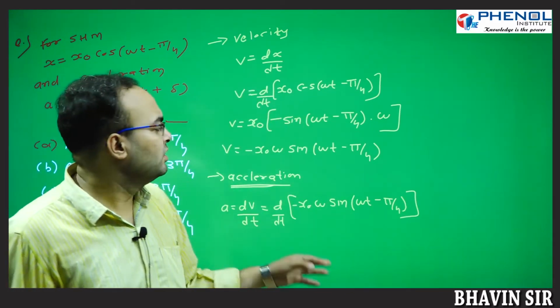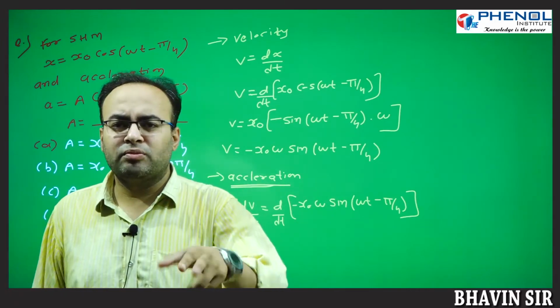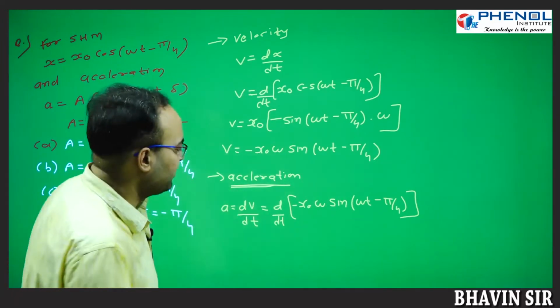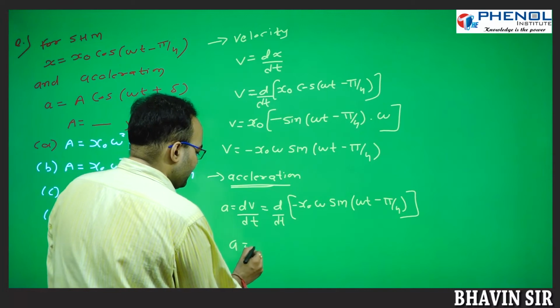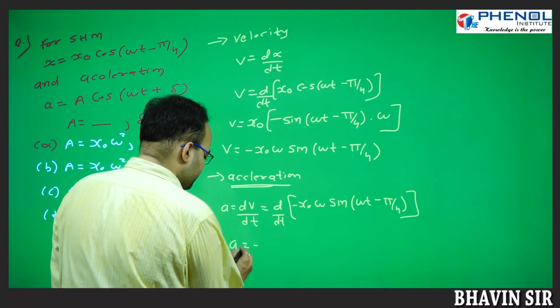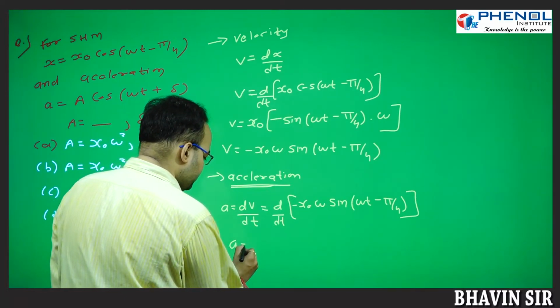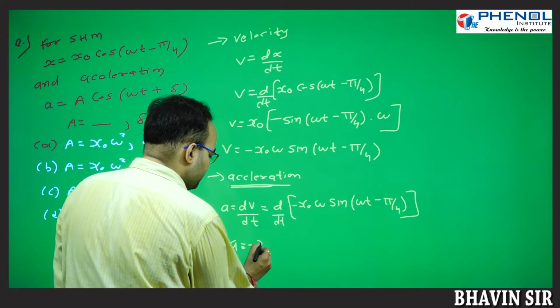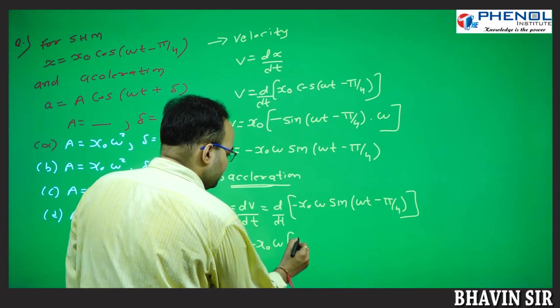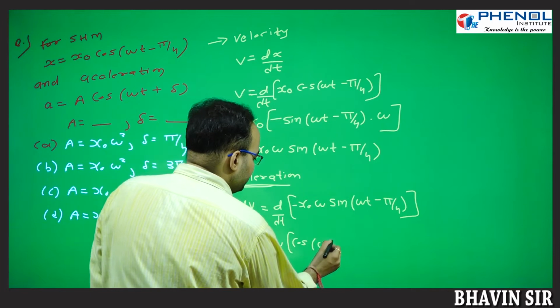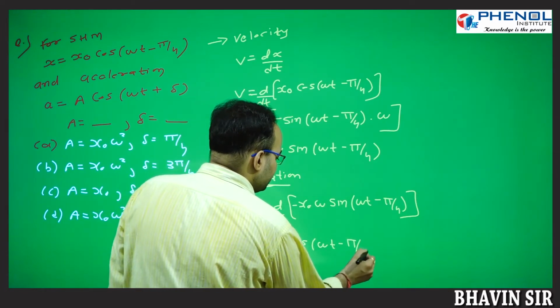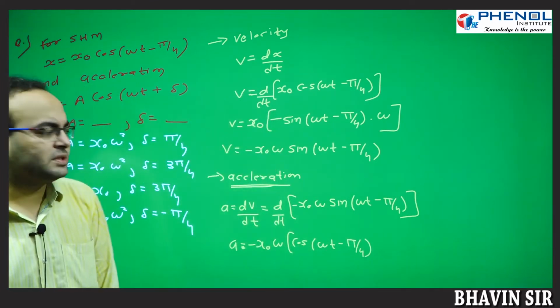Minus x naught omega sine omega t minus pi by 4. What is the differentiation of sine? Cos omega t minus pi by 4.